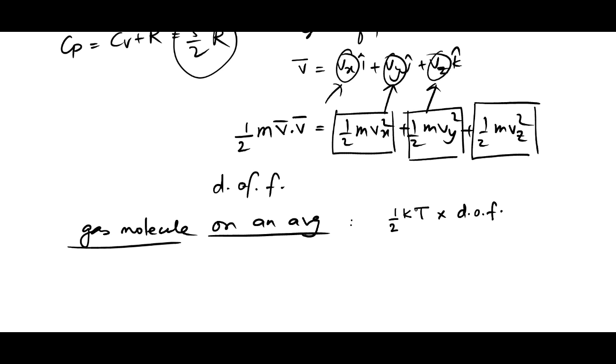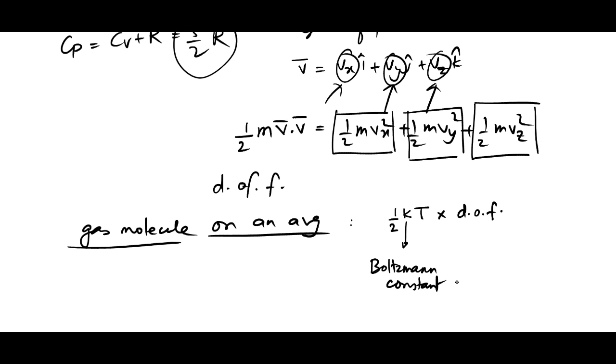Now T is the absolute temperature of the gas, and K is a constant called the Boltzmann constant. Boltzmann constant can be viewed as being the gas constant for a single molecule.